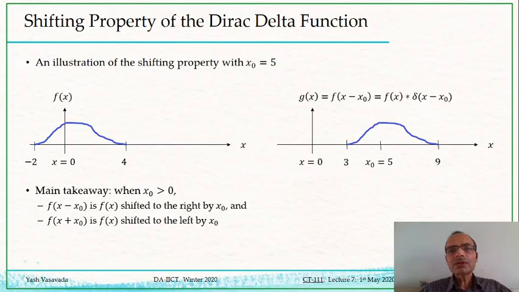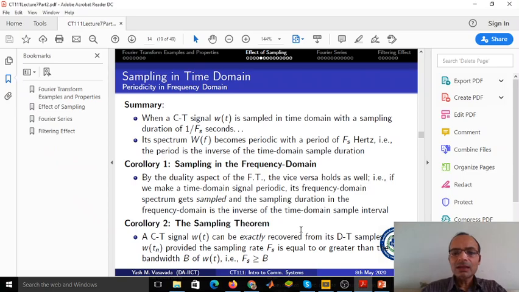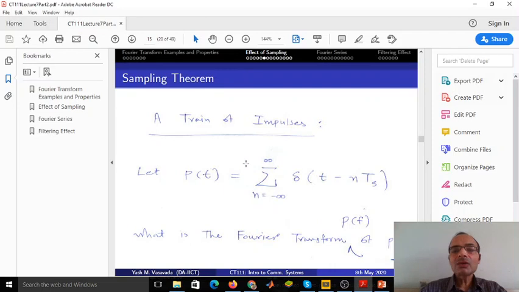So now we are going to consider the effect of sampling a signal by making use of both the sifting and shifting properties of the Dirac delta function. Towards that, first of all, we will now consider a train of impulses, which is defined like this.